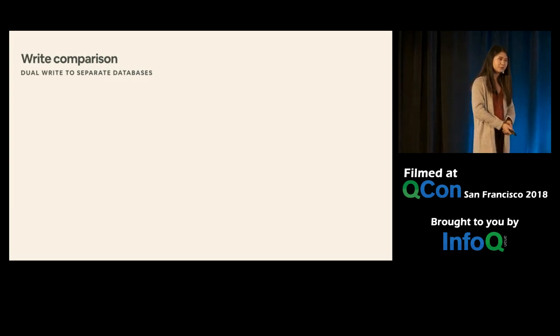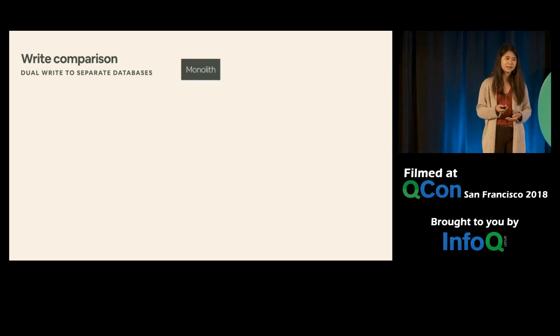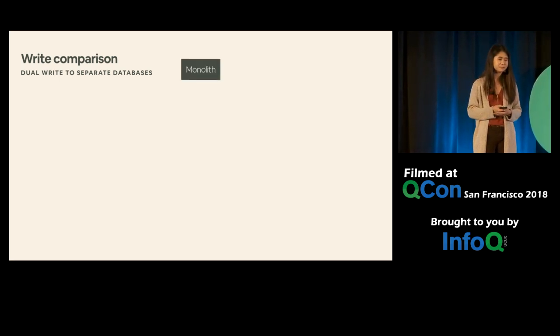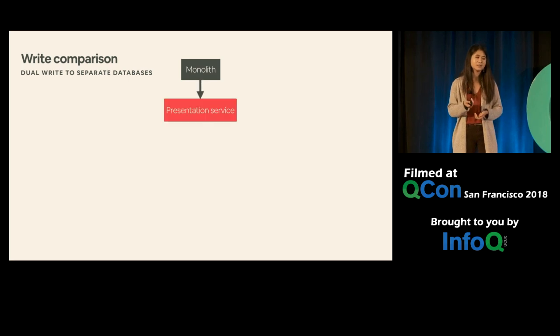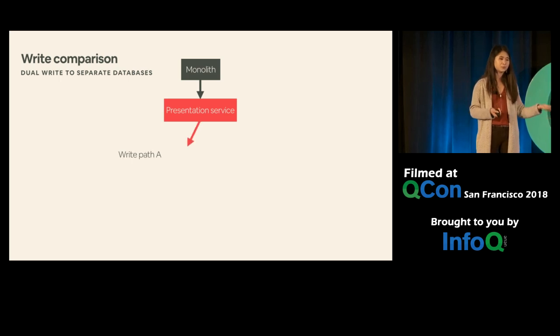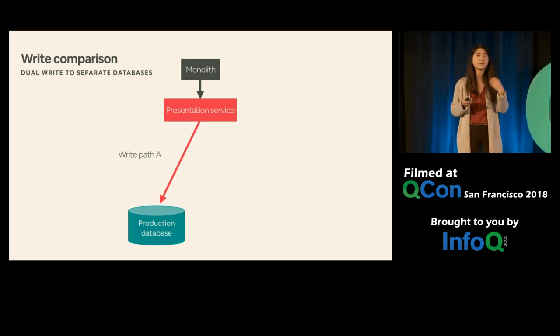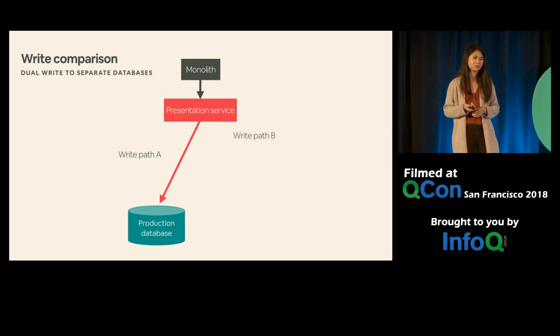Writes are a little bit different because we can't dual write to the same database. So instead, we write to a separate database. Say we have the monolith already hooked up to a presentation service, and the presentation service is writing to the production database. Now we want to introduce a middle tier service and pull out some of that validation logic from the presentation service.